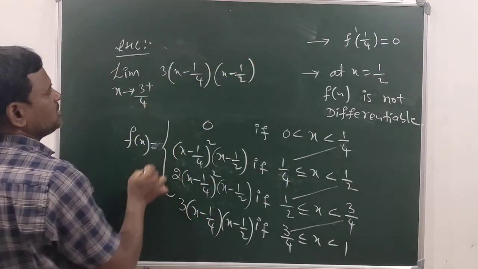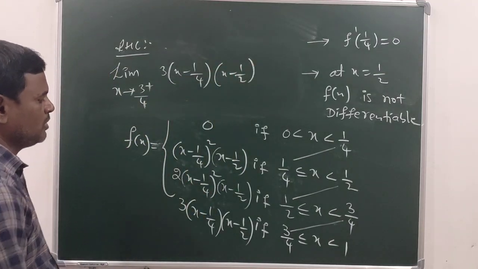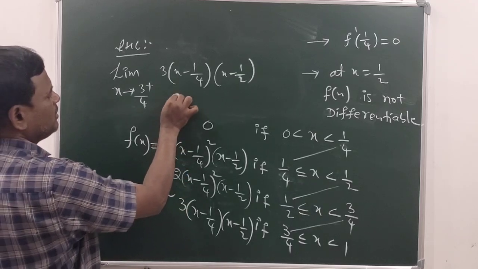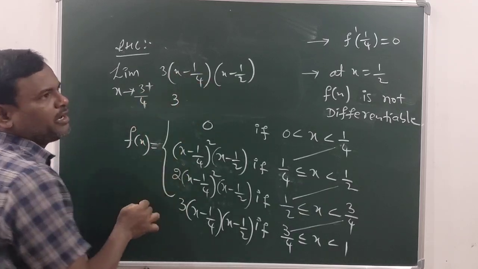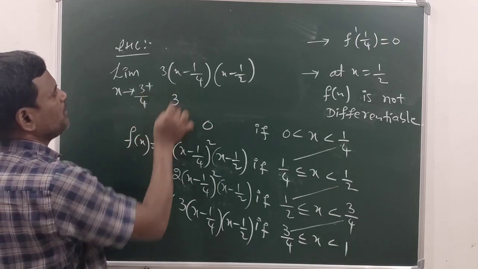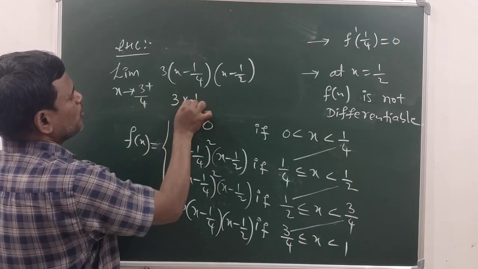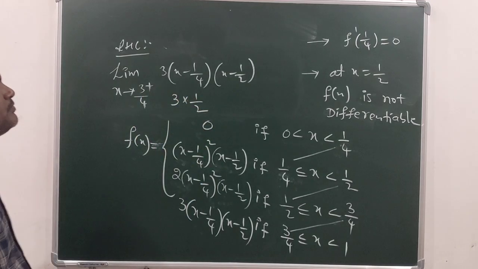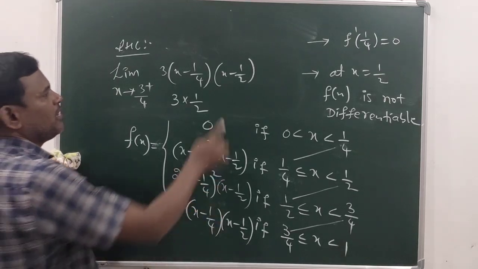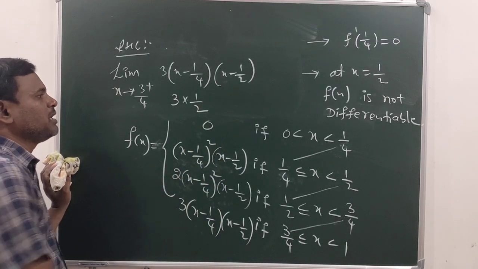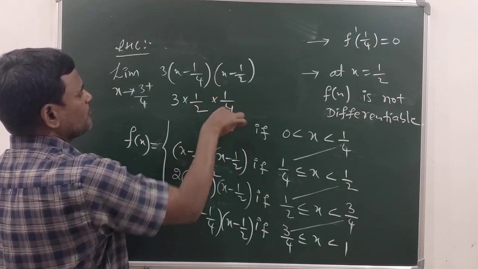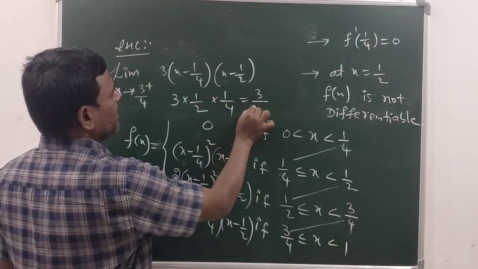Now substitute 3 by 4 in place of x. So 3 into 3 by 4 minus 1 by 4, which becomes 2 by 4, meaning 1 by 2. Now 3 by 4 minus 1 by 2 becomes 1 by 4. Now you got 3 by 8.